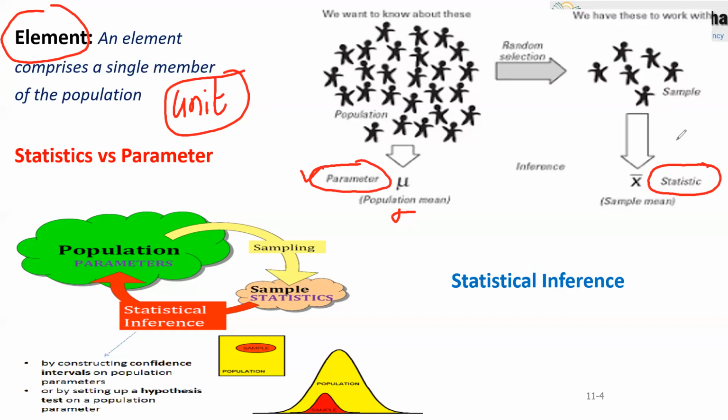And the same thing, when you measure it from the sample, is called a statistic, like the mean of the sample and the standard deviation of the sample. We will use these words very frequently, parameter and statistic.